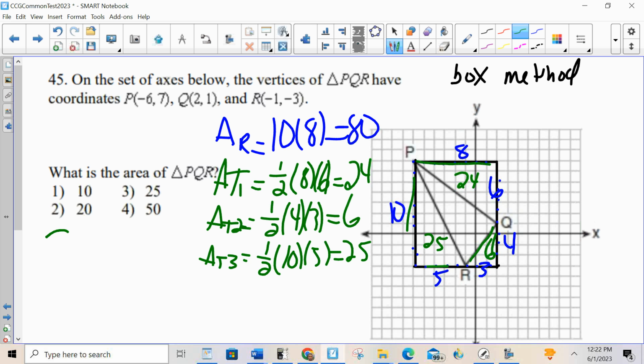Now I'm going to add up all the triangles. That is 55. And I'm going to subtract that from the rectangle.